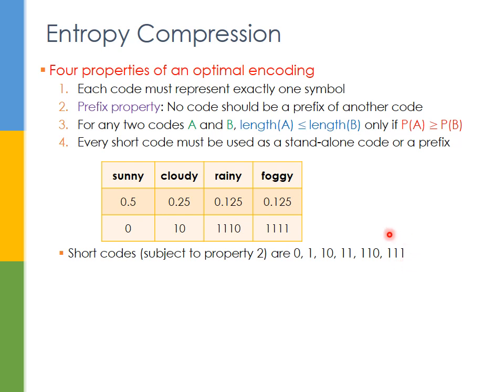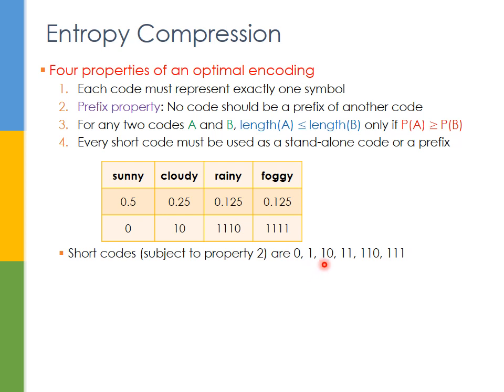Now you'll notice that none of the short codes that we consider start with 0 except for the short code 0. The reason for this is that the prefix property means that we can have no codes within this encoding that start with the code 0 that are longer than a single bit. However, we can consider the short code 1.